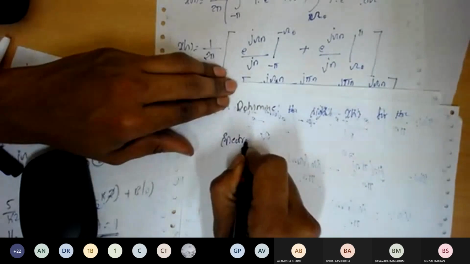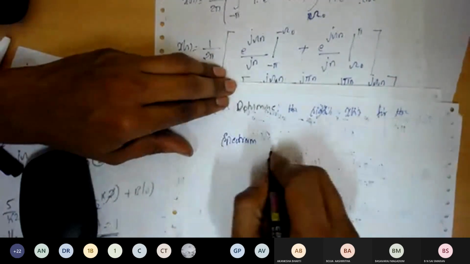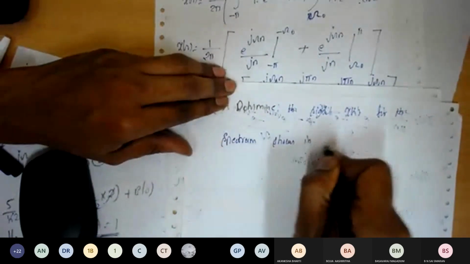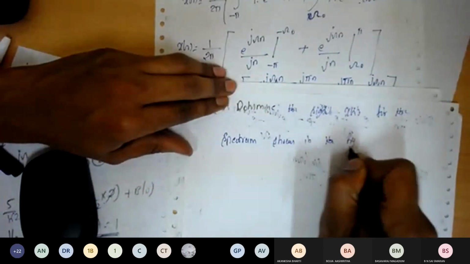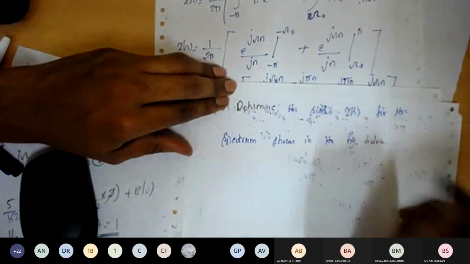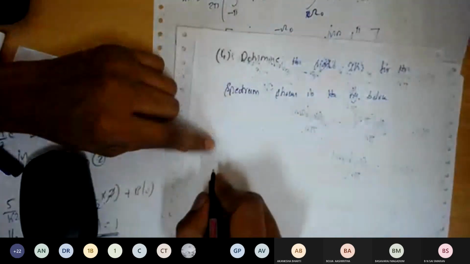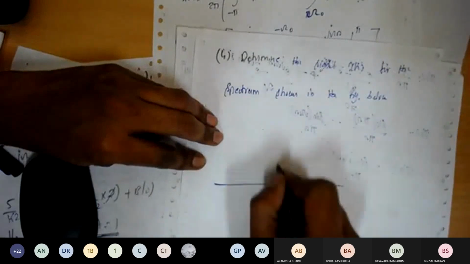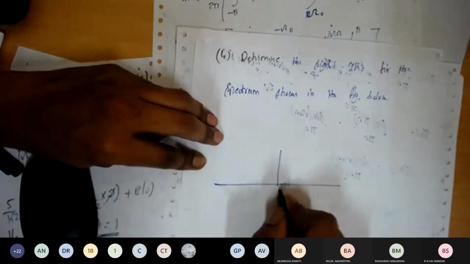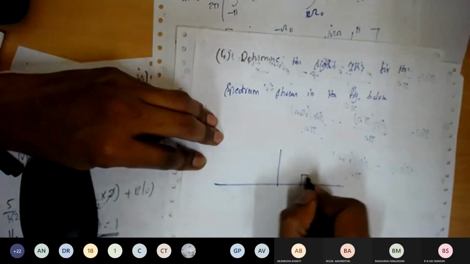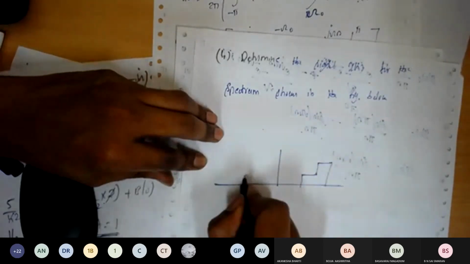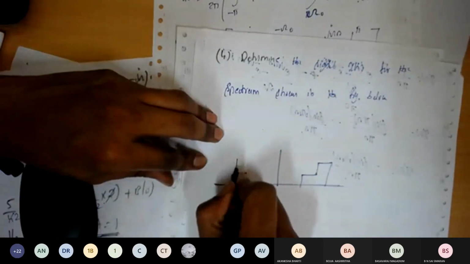Spectrum is nothing but the frequency domain representation. So we need to find the inverse DTFT of this one. Let us take the spectrum. It has a staircase representation like this. Whatever is there in the negative axis, the same thing we get in the positive axis also.